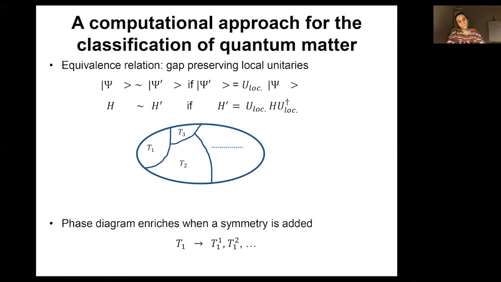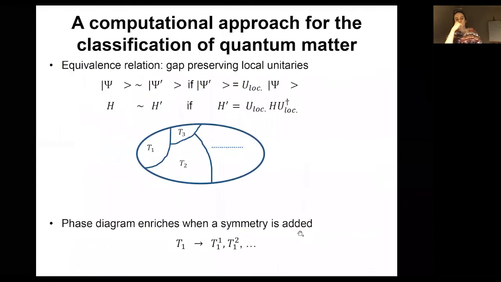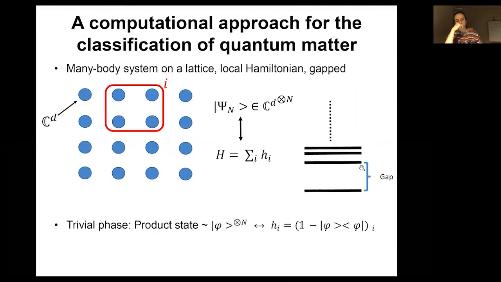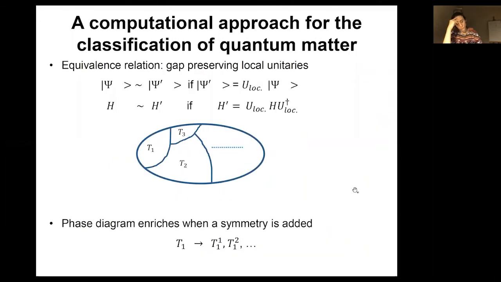What is the equivalence relation? How do we say that theory A is in the same phase as theory B? There is a physical definition for that. If you can deform theory A to theory B without closing the gap, then you say that you are in the same phase.